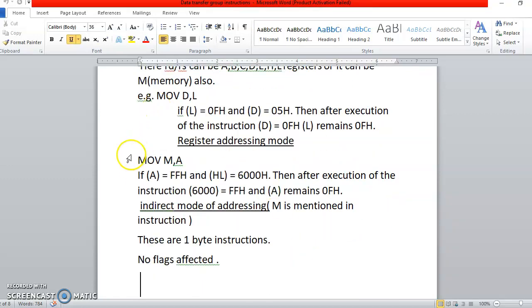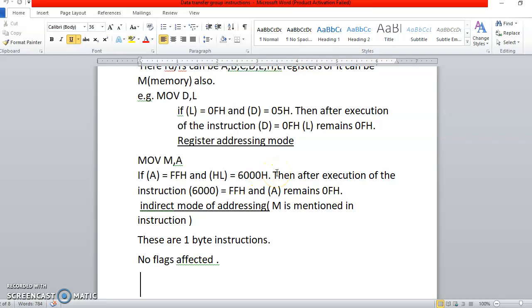Now suppose my instruction is MOV M, A. So in this case my source register is A, but the destination is M. So what is M? M is nothing but the contents of the address specified by HL register pair. So suppose A contents are FF and the HL has a 16-bit number, for example 6000. H represents the hexadecimal number.